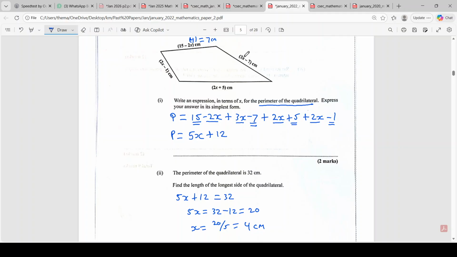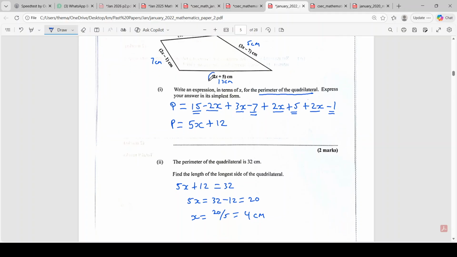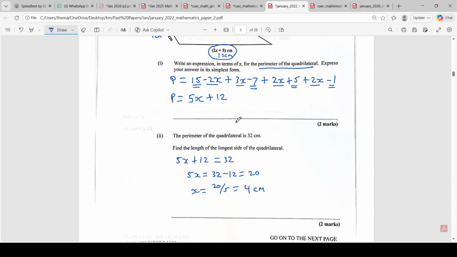If I put the 4 into this one, 4 by 3 is 12, 12 take away 7 is 5 centimeters. If I put the 4 here, 4 2s are 8, 8 take away 1 is 7 centimeters. If I put the 4 here, 4 2s are 8 plus 5 is 13 centimeters. So the length of the longest side is this one here, 13 centimeters.